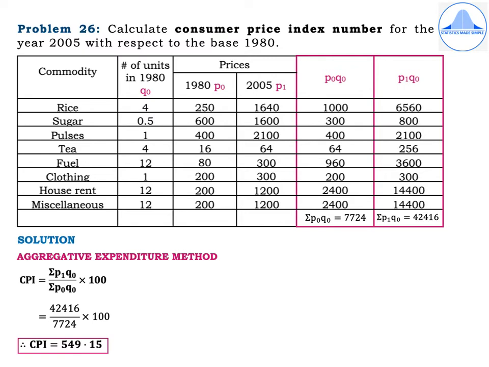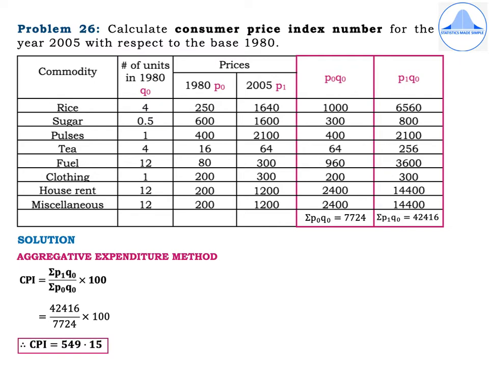The prices in 1980 are 250, 600, 400, 16, 80, 200, 200, 200, and the prices in 2005 are 1640, 1600, 2100, 64, 300, 300, 1200, 1200.